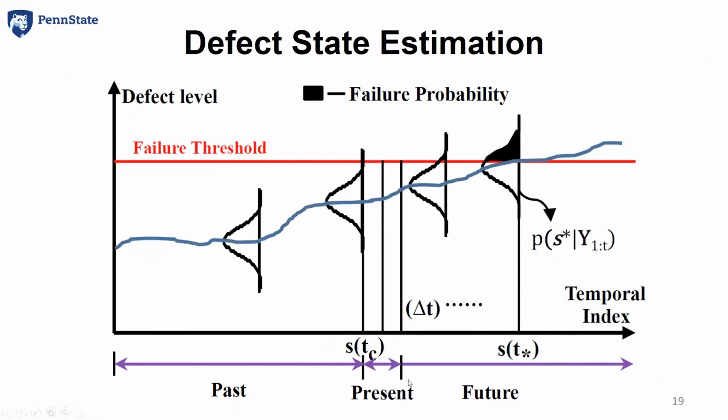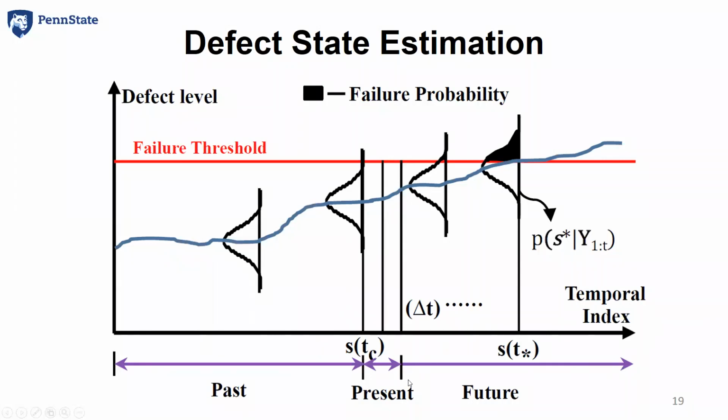Let's have a look at the defect state estimation. Suppose this is the defect level, and this is a failure threshold. That means if the defect level exceeds the failure threshold and we don't do anything, this part is going to fail. This is the present time, and this is all the past layers.